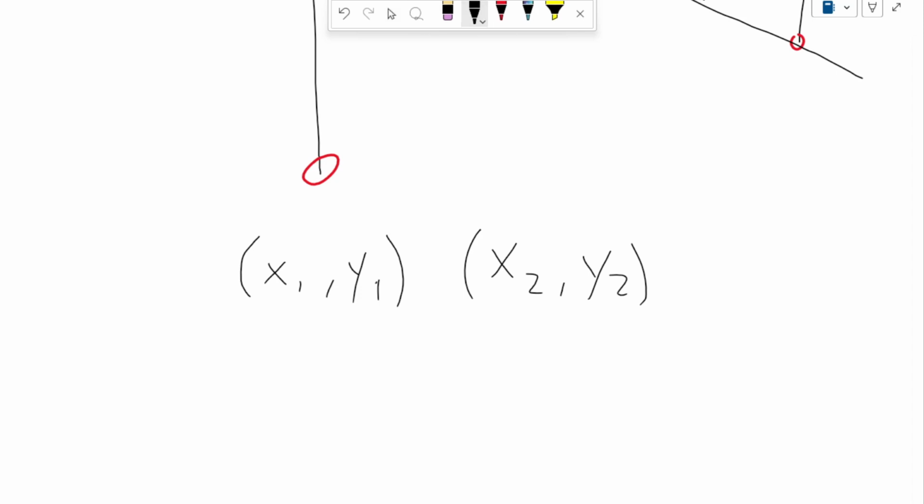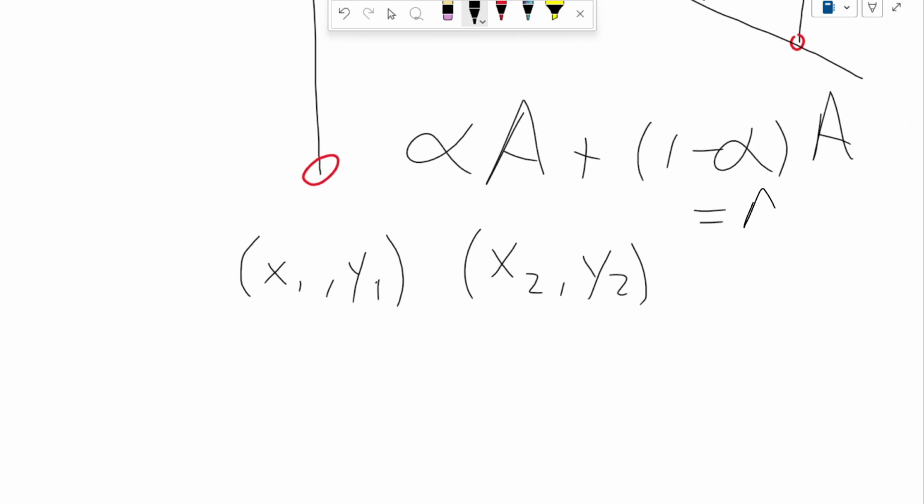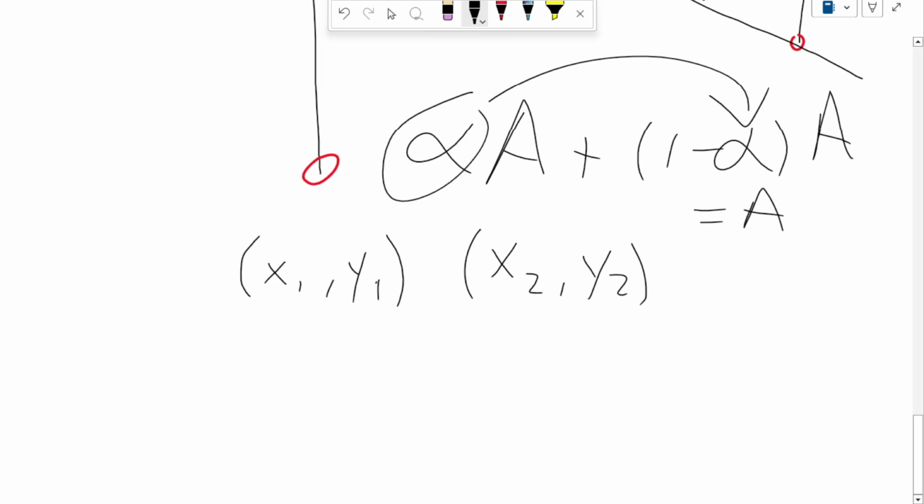Because if you have alpha A plus 1 minus alpha A, this will give you back A, because the alpha will cancel with this alpha, and you'll end up with 1 times A. Okay, so we're just going to require that these 2 points are different.